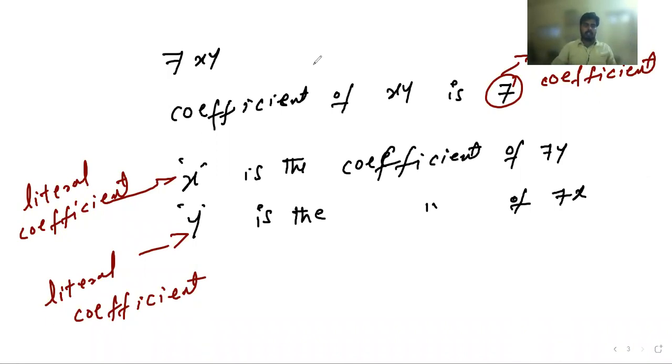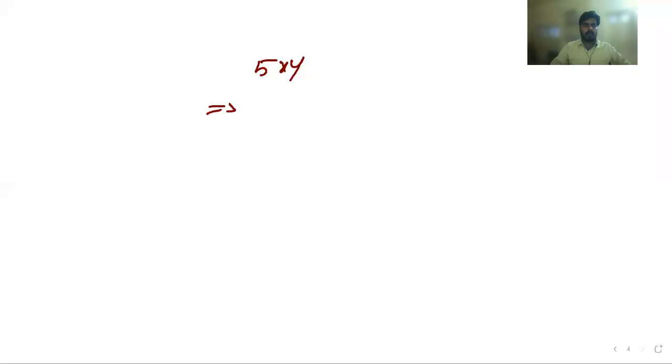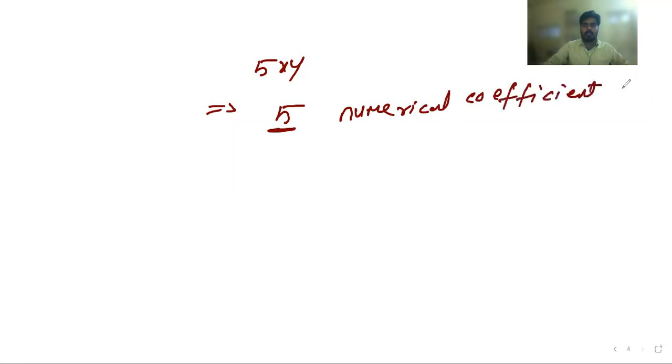Yeah, Darahas, unmute. Sir, I didn't understand, sir. Suppose you take 5xy, 5 is the numerical coefficient of xy. So 5xy is a term.